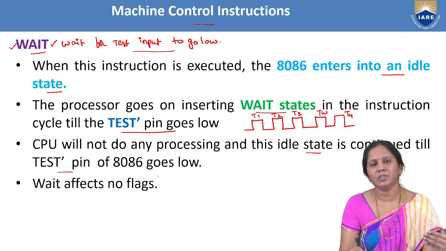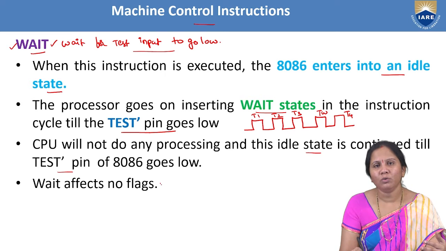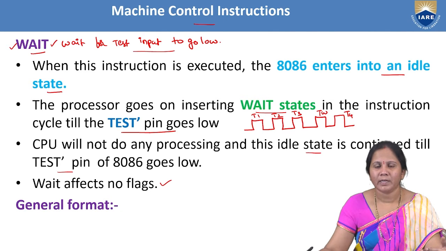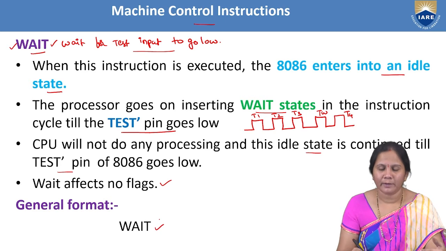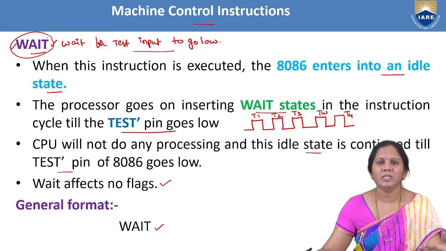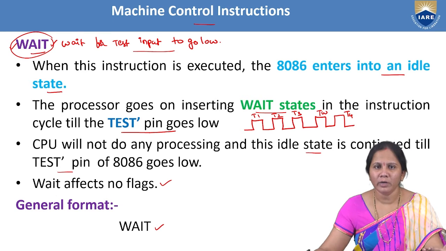When this WAIT instruction is executed, it does not show any effect on the flags. The general format of this instruction is WAIT. So totally, when this WAIT instruction is executed, wait states will be included before T4 during the instruction cycle until the TEST bar pin goes low.